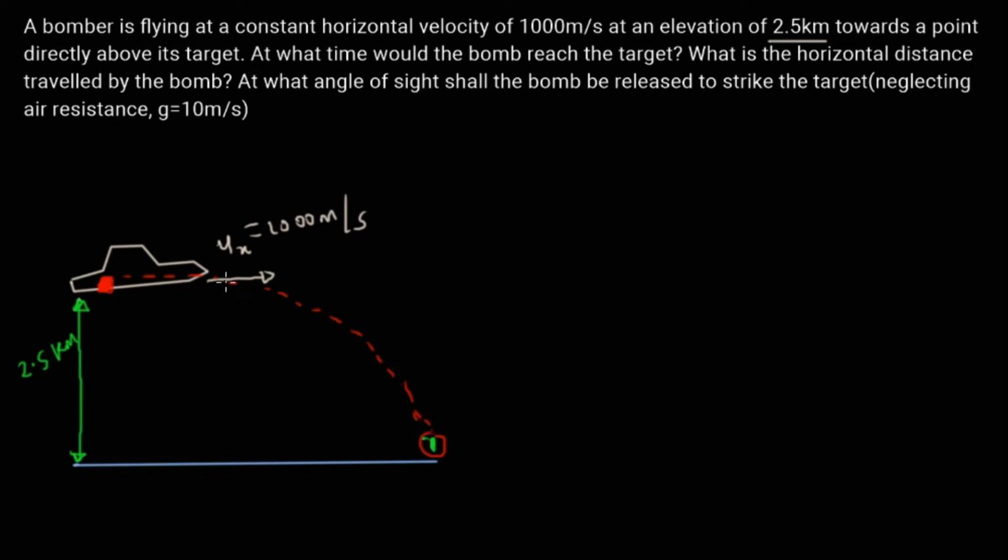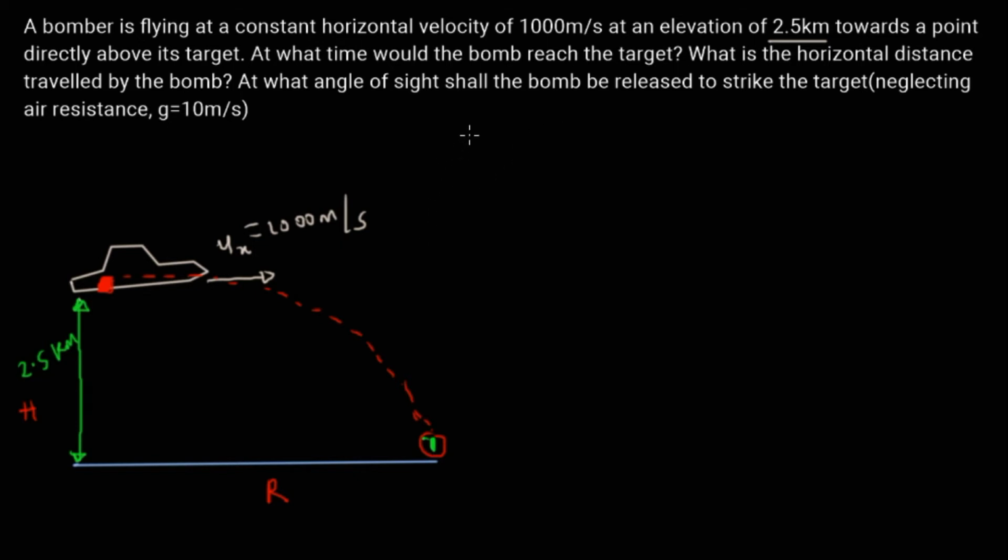All right, so it has a horizontal velocity, but then it falls to the ground as well. So it is the same scenario that occurs, where this is the range, and this is the height, which is the same thing as the elevation. Now the question says, at what time would the bomb reach the target?